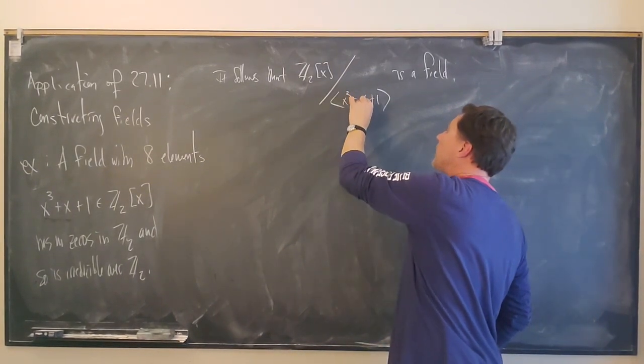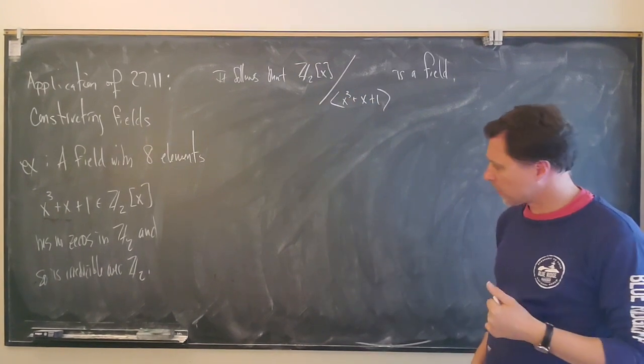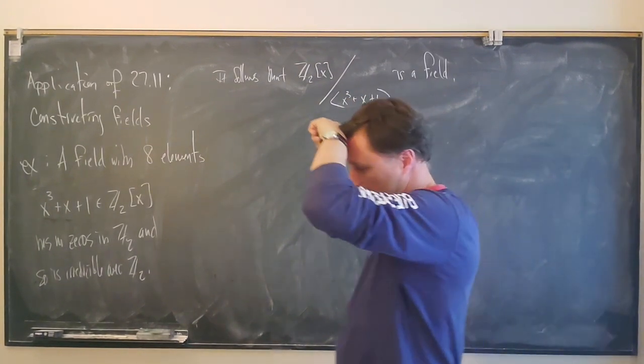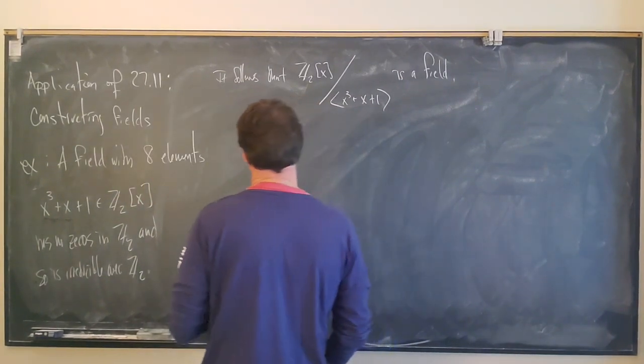And so then the question becomes, all right, how many elements live in this field? How many elements are there? Here's the way to do that. We want to get a handle on the size, and the idea is to just apply the division algorithm.